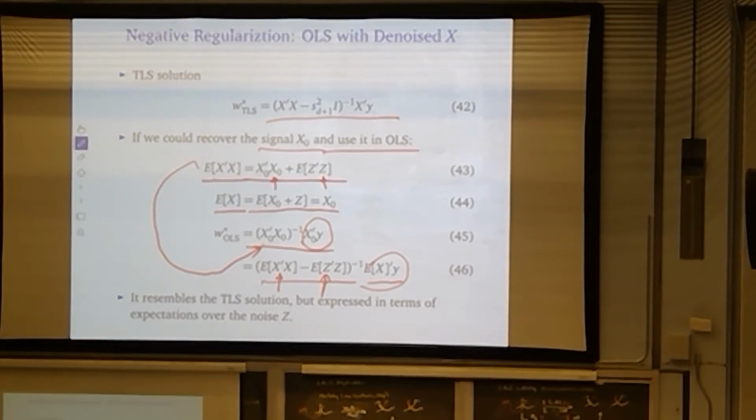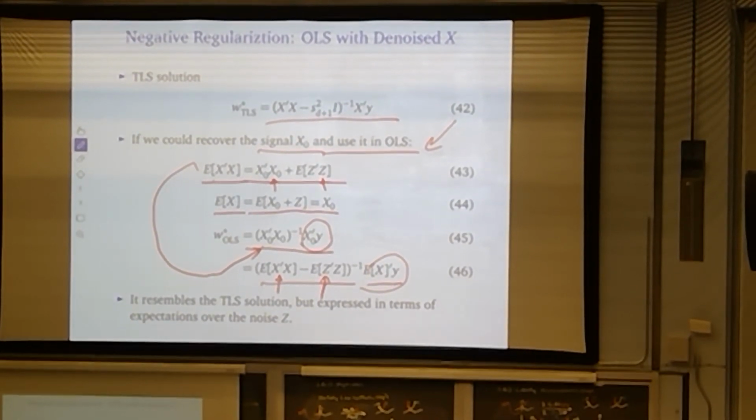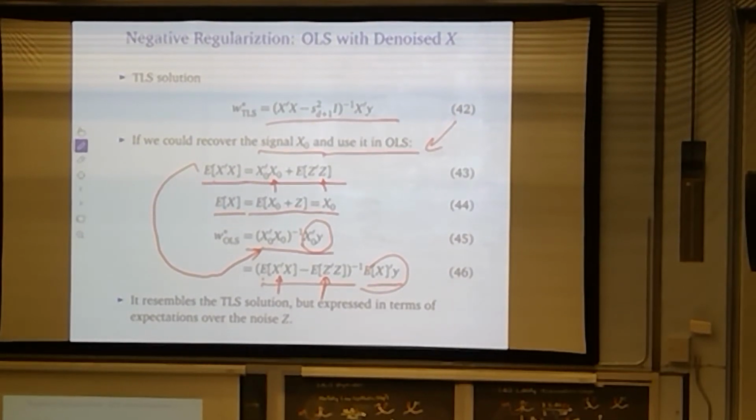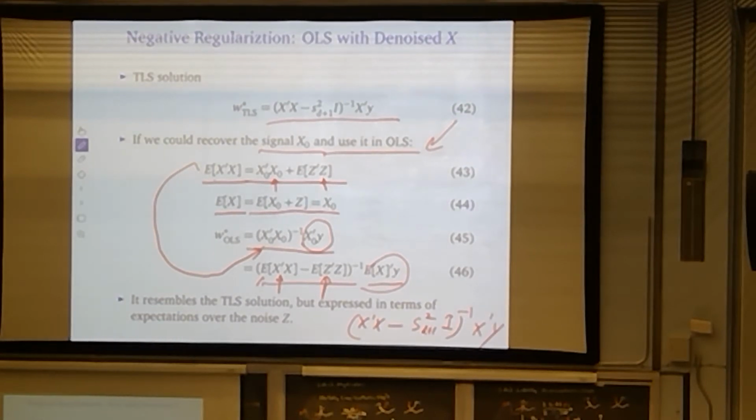This looks like a TLS solution. But this solution assumes that we use OLS on the denoised X, okay? The difference though, it's not using X transpose X minus SD plus 1 I directly.